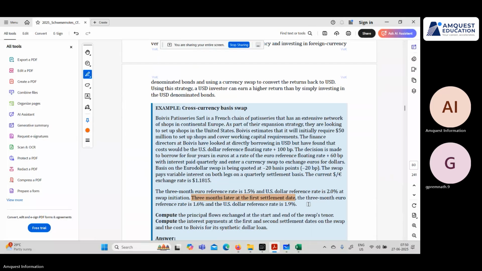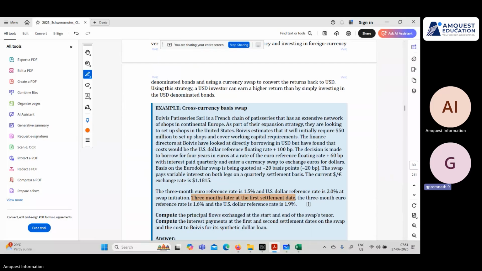Yeah. So he has to pay 2.9% on $50 million. 2.9 divided by 100 divided by 4 into 50.